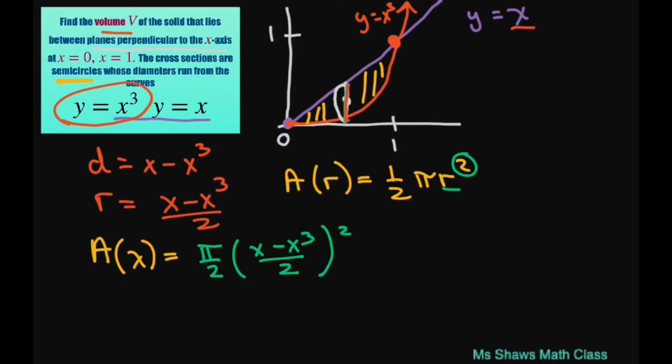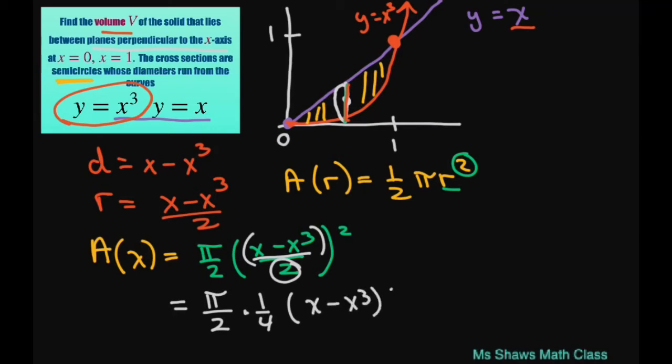Now when you square the 2, you're going to get a 4. So this is going to equal pi divided by 2 times 1/4, and then we're going to square the numerator. That's going to be x minus x cubed times x minus x cubed.